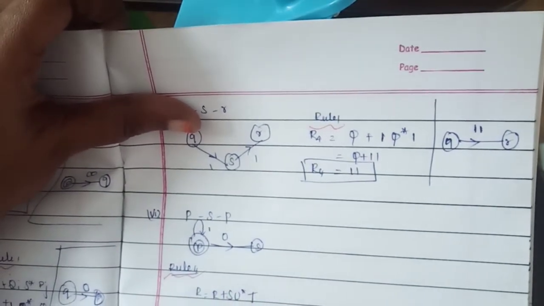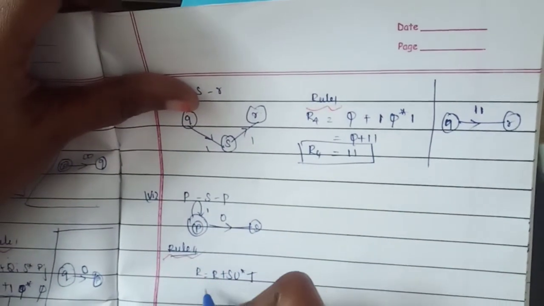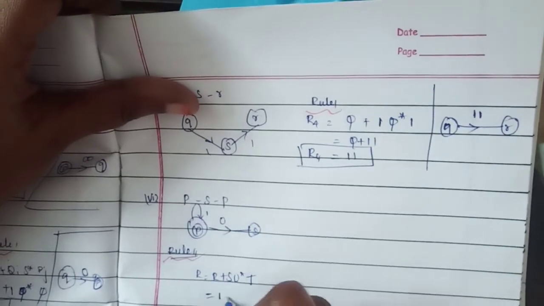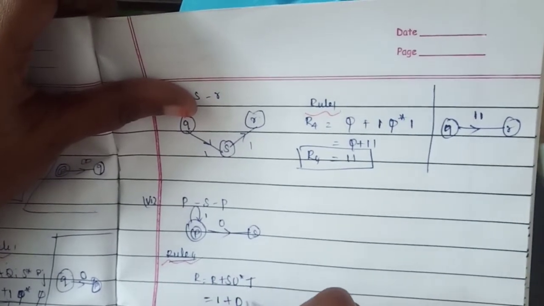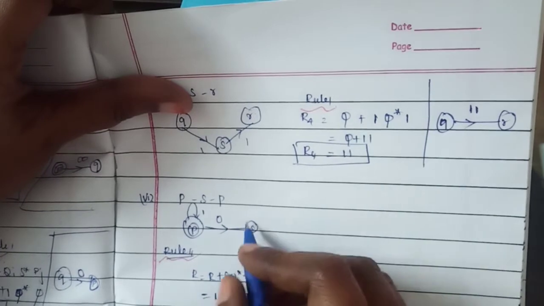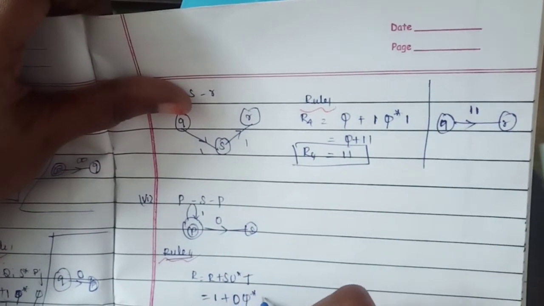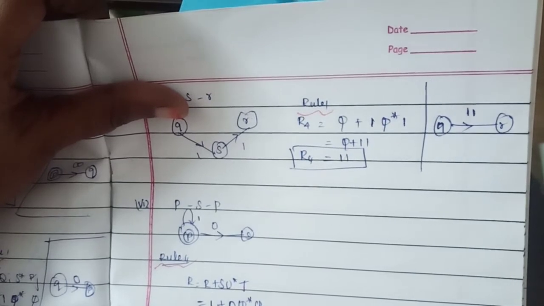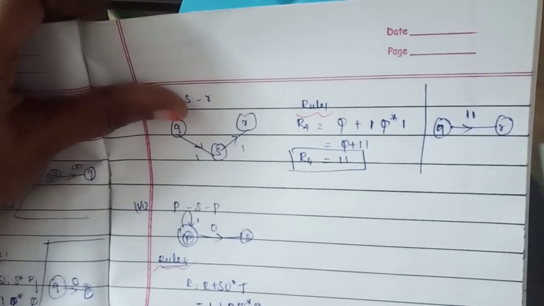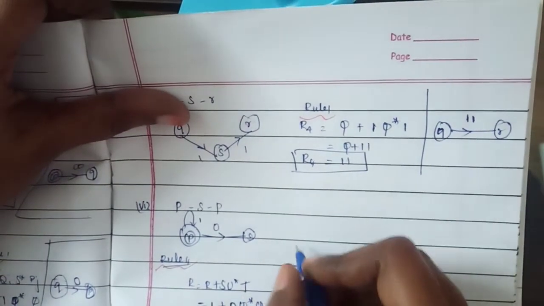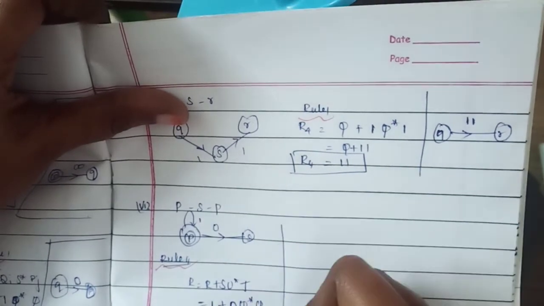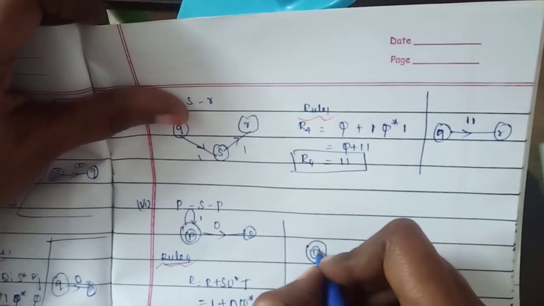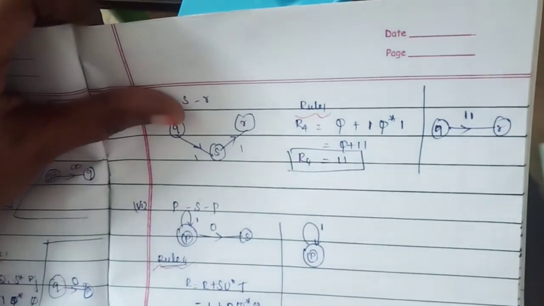Since it contains only 2 states, it applies rule 4, and R is 1 plus S 0, and there is no U closure, and T is also 5. Now we are getting only 1. So this is known as PSP, you are getting 1, right? So after this, the diagram has to be redrawn like this. So 1, right?